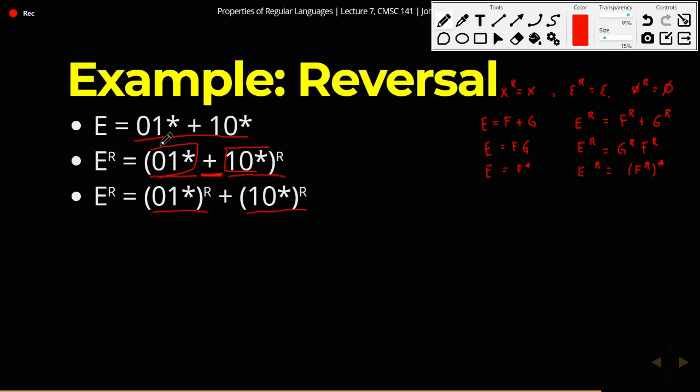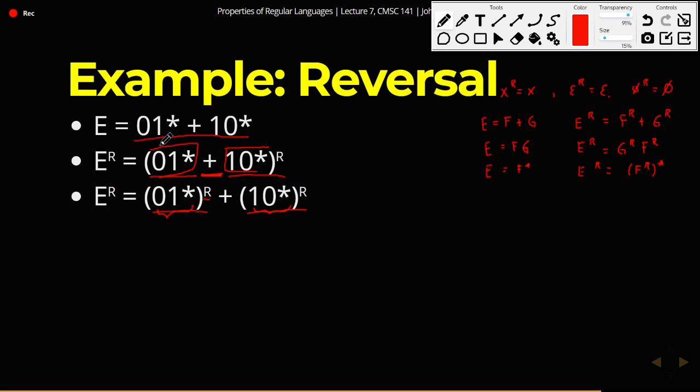Okay, so the next thing that we'll look at is the reversal of the concatenation, and we have two here. We have 0 and 1 star. This is a concatenation, and we'll reverse that. And then 1, 0 star. That's also a concatenation, so we reverse that.